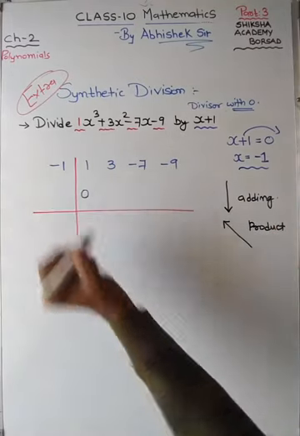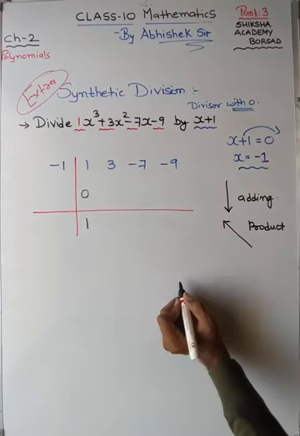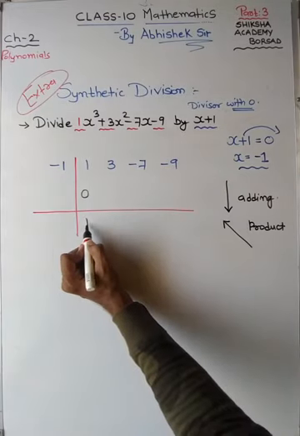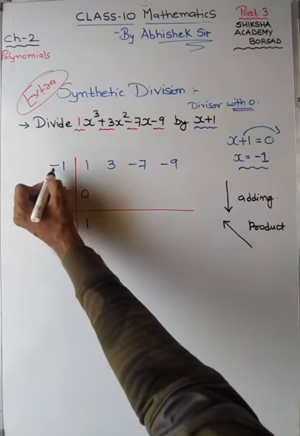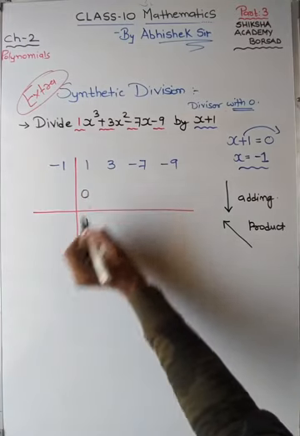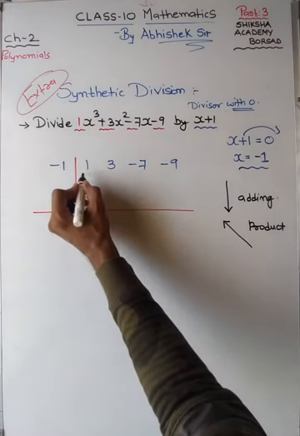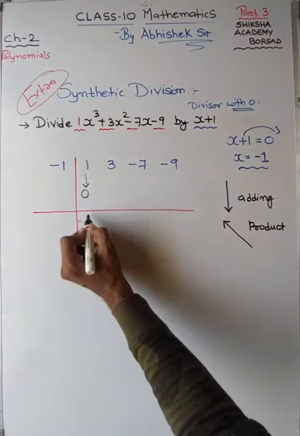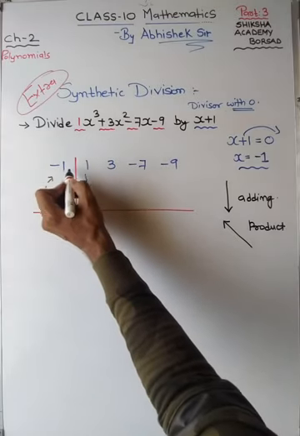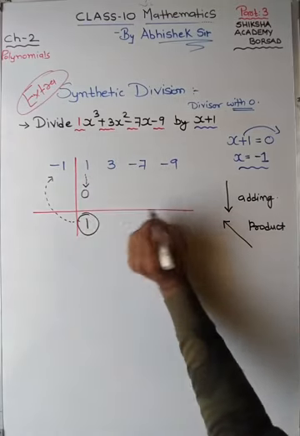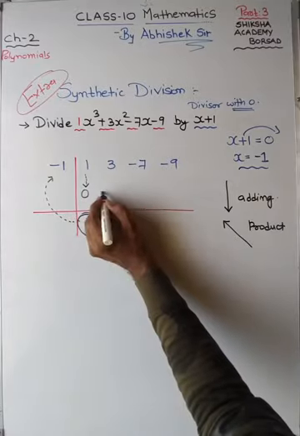So 1 plus 0 is plus 1, and then you will go for plus 1 into minus 1. The answer is minus 1, which is to be kept over here. So here we are adding and writing the answer, then we are multiplying and writing the product over here. So 1 into minus 1 is minus 1.